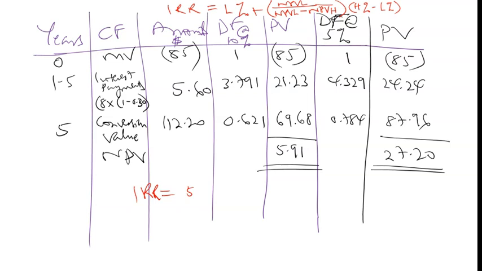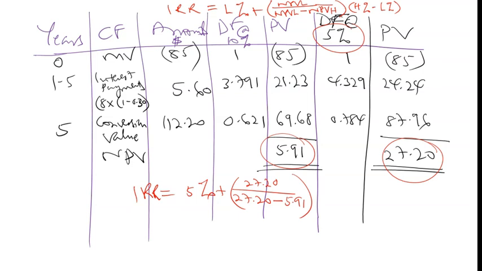Remember, in this case, the lower rate is the 5%, plus the NPV at the lower rate. NPV at the lower rate was this one, so 27.20 over 27.20 minus the NPV at the higher rate, 5.91, multiplied by the higher rate 10% minus the lower rate, which is 5%.